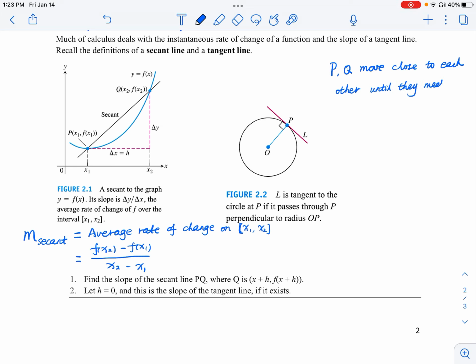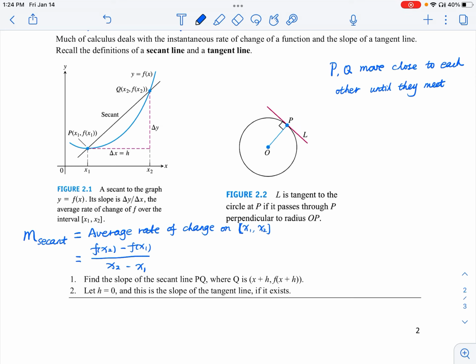When they meet, now we can see P and Q become the same point. Then the line PQ becomes a tangent line of the function. That's the tangent line of the function. How can we calculate the slope of the tangent line?